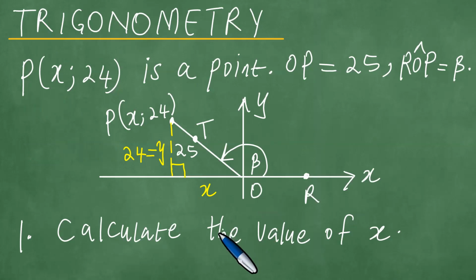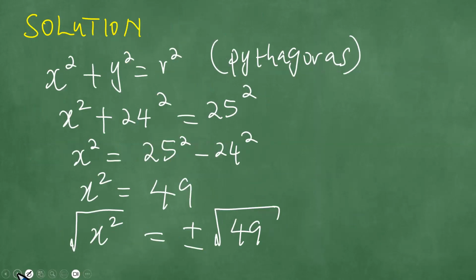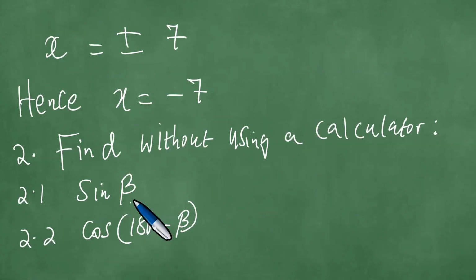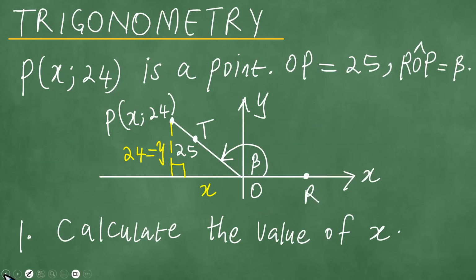Anyone? So it is equal to 24 over 25. It is opposite over hypotenuse, which is 24 out of 25. Well done.